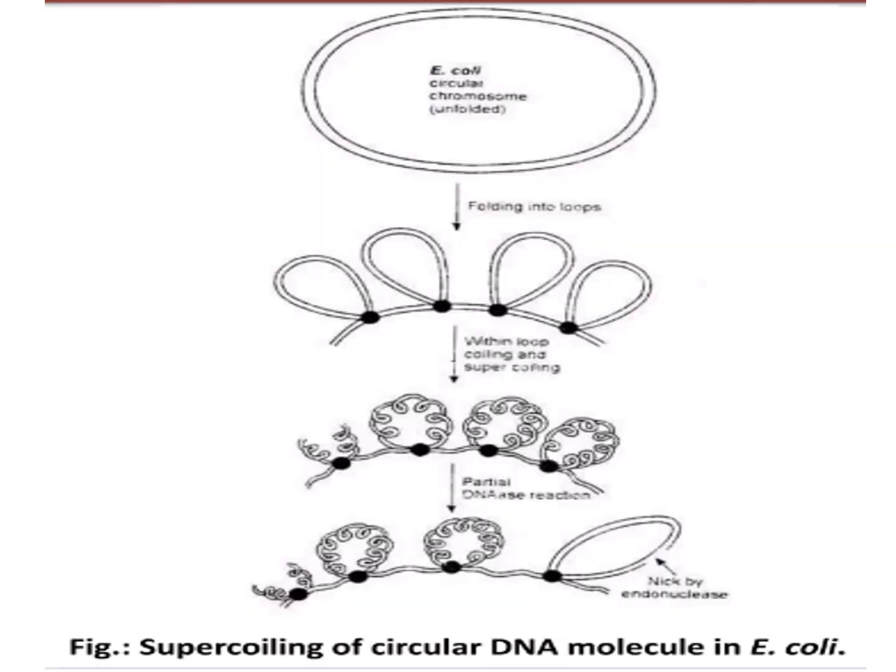In this picture, you can see the supercoiling of a circular DNA molecule in the model organism E. coli. Here you can see the E. coli cell structure, containing the circular chromosome in an unfolded manner. With the help of the topoisomerase enzyme, the chromosome folds into loops. Here you can see the looping structure.